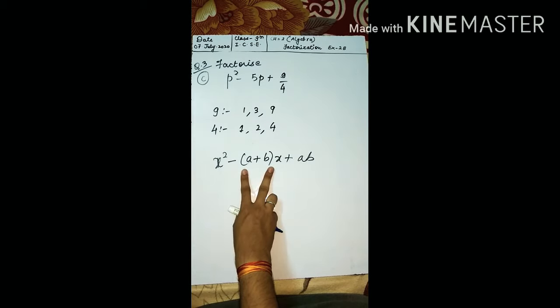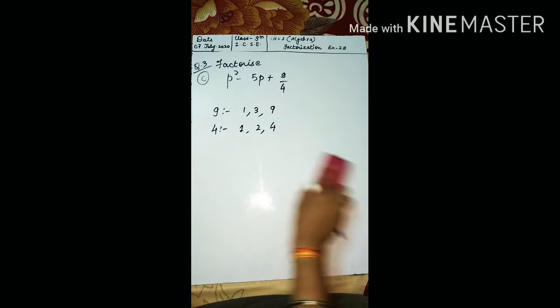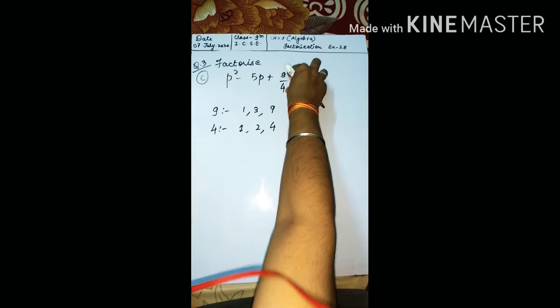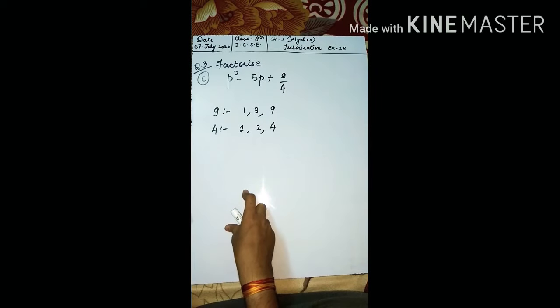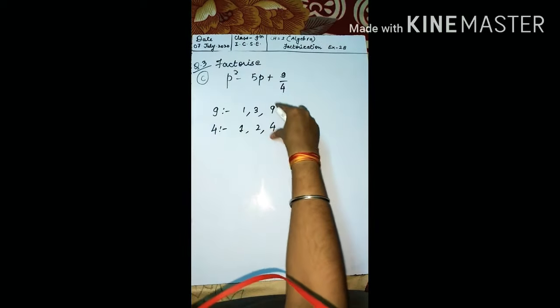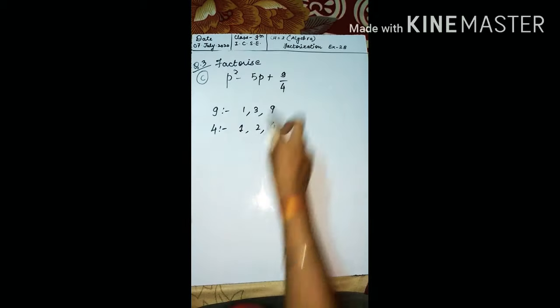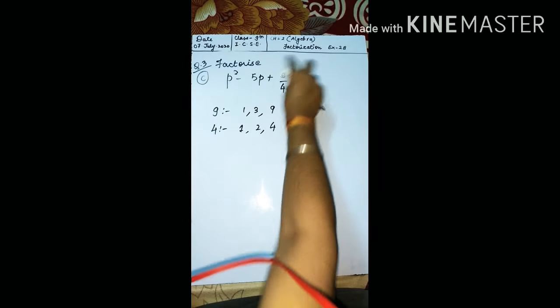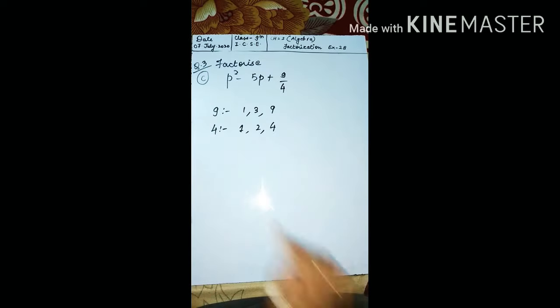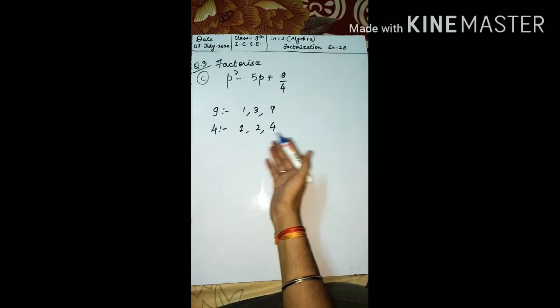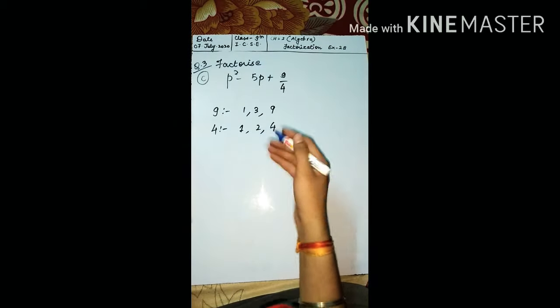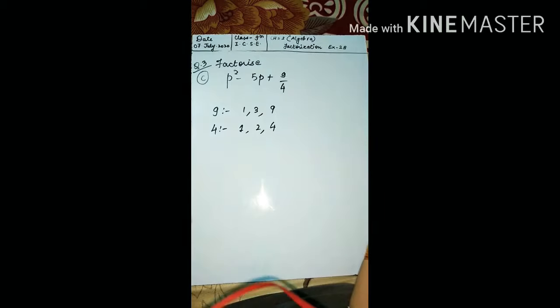Okay. So what we will think, this 9 by 4. We need two terms from these two. On multiplying, we should get 9 by 4, and on adding, we should get 5. So if you ask me, you just have to do a hit and trial method.